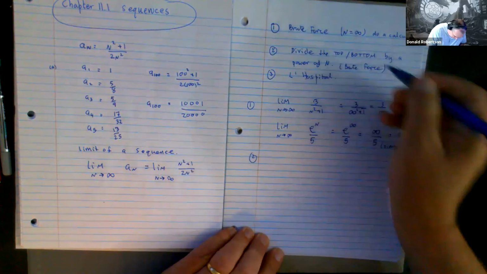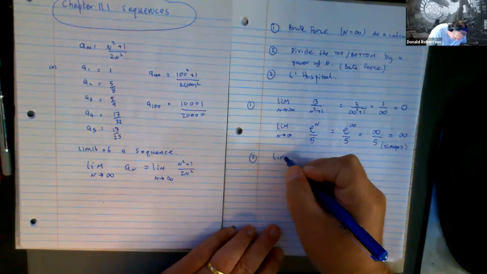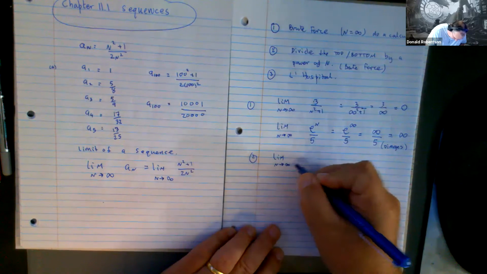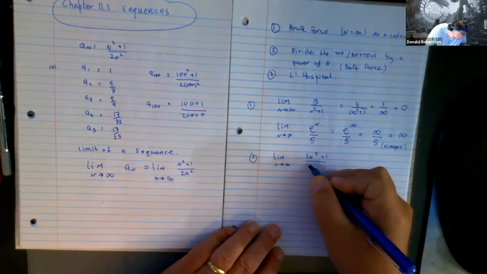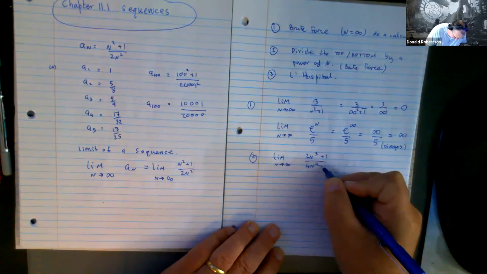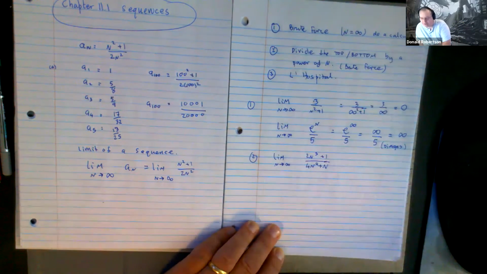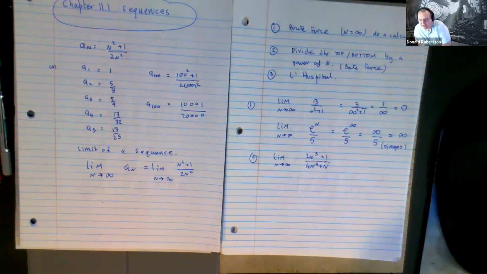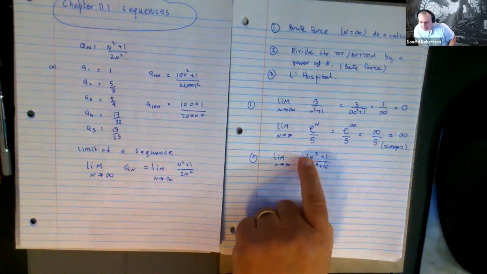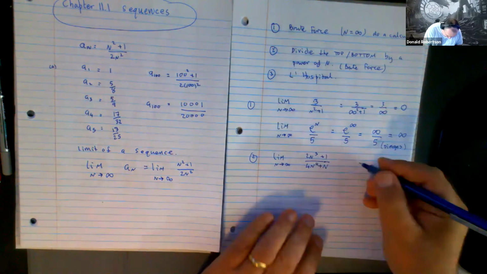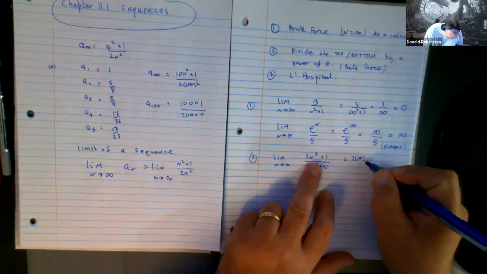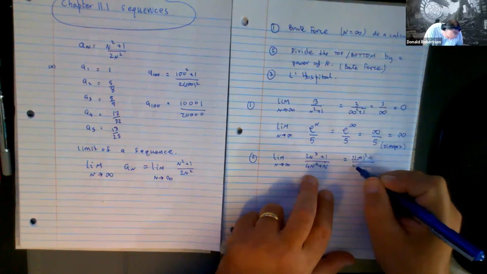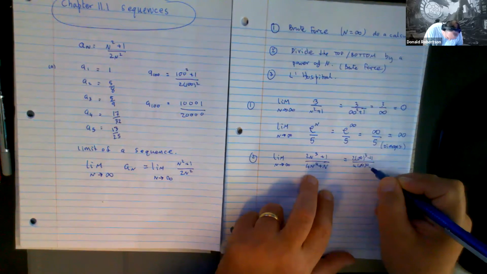Now, the divide the top and bottom technique tends to happen when you have fractions. Suppose that was the sequence. Now, if I just plugged in infinity in here, so let's do it as if I was trying it with brute force. It'd be 2 lots of infinity cubed plus 1 over 4 lots of infinity to the 4 plus infinity.